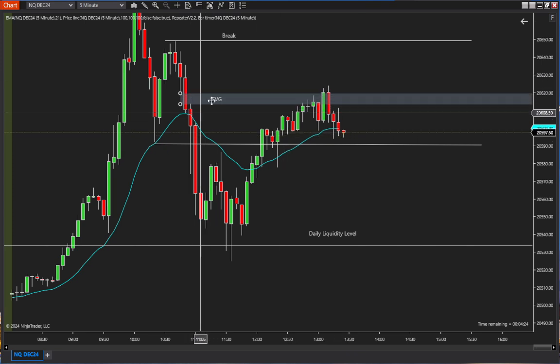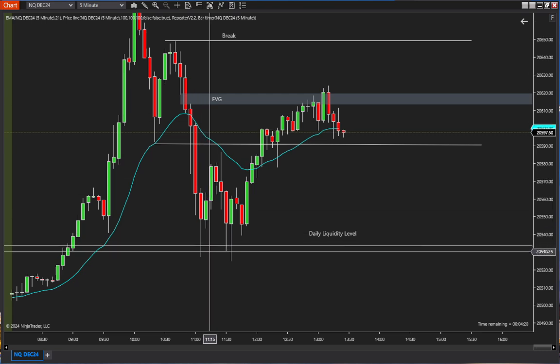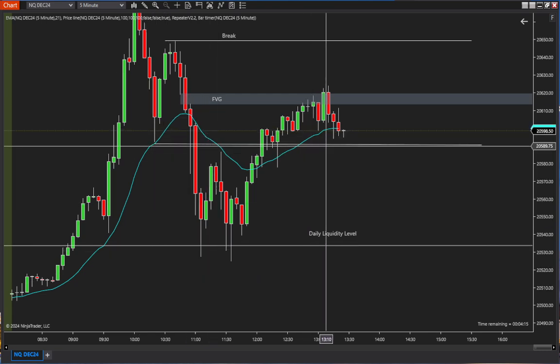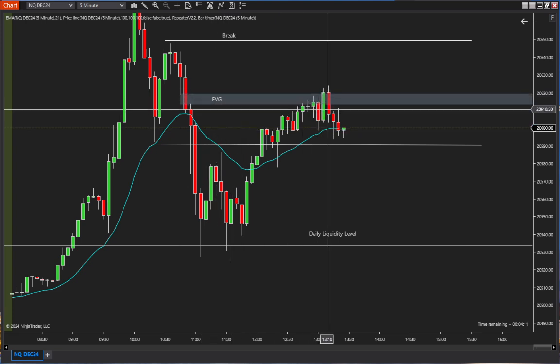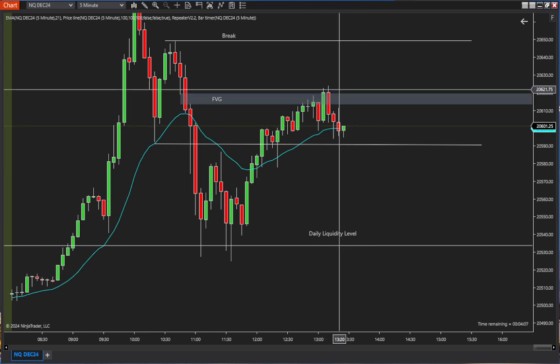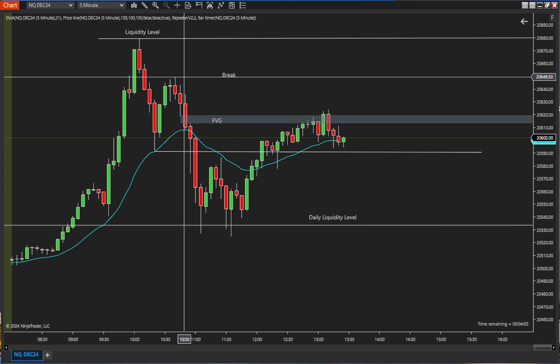So I'm going to copy this zone here because we came down, right? Broke here, we held. So this is where the sellers are coming in. This is where the good price is for the sellers to come in. So I'm trying to stay above this 18 level to continue higher. And then we look for this level up here at the 49-ish.